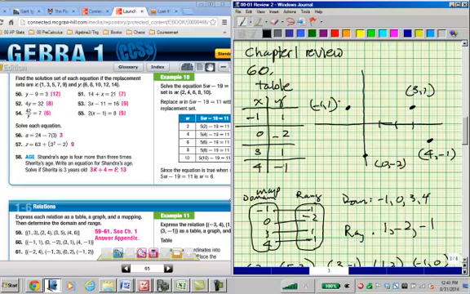Okay, for the graph, you're just using XY coordinates. So -1 up 1, 0 down 2, 3 to the right and up 1, and 4 to the right and down 1, and then label the points. Okay, in mapping, make a couple of ovals, call one domain, one range. Put in the domain numbers, -1, 0, 3, and 4.